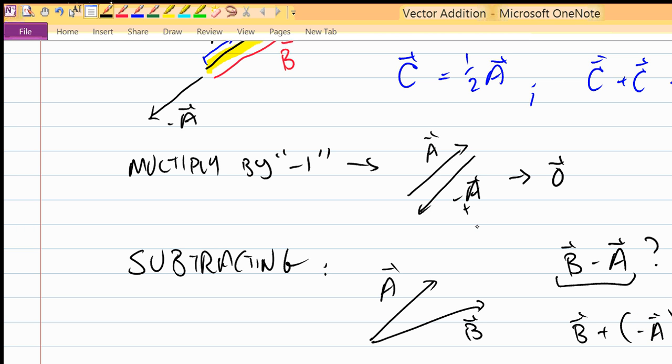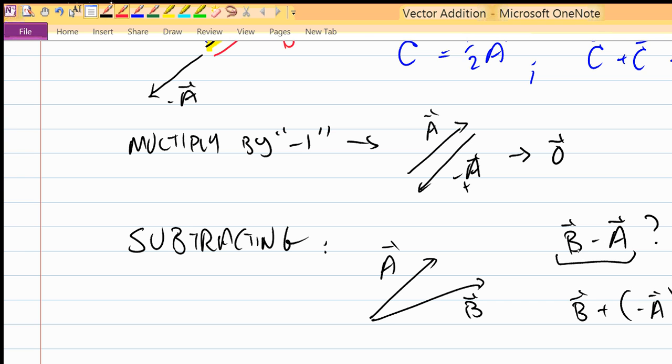So I've got B, there's the B. The one that goes in the opposite direction to A is that one. So there is B minus A. This one was B, here's the minus A. So that is one way to do this.